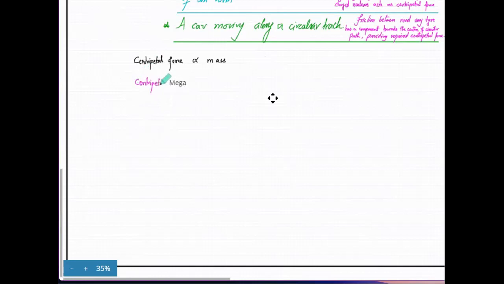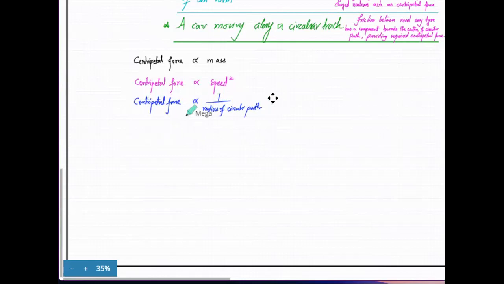Centripetal force is directly proportional to speed squared. Centripetal force is directly proportional to 1 over the radius of the circular path.